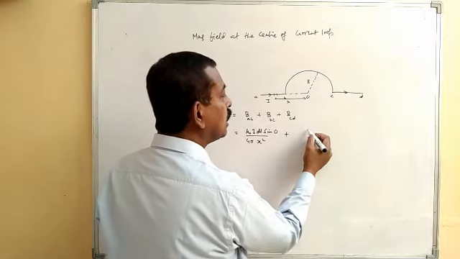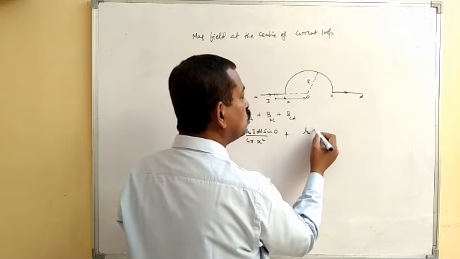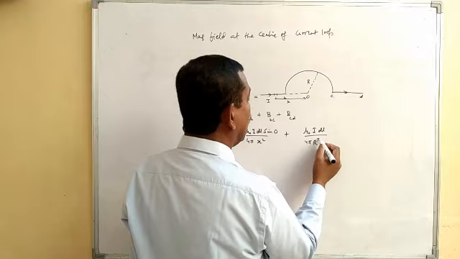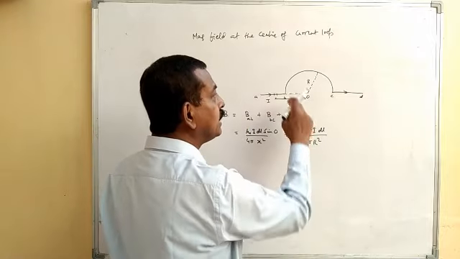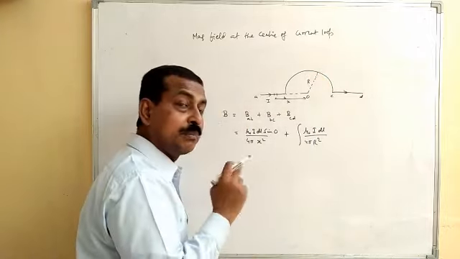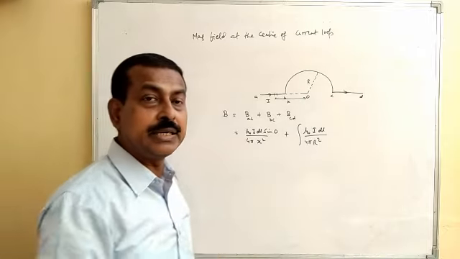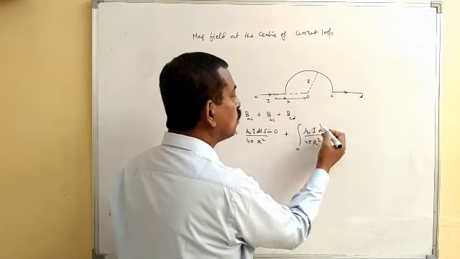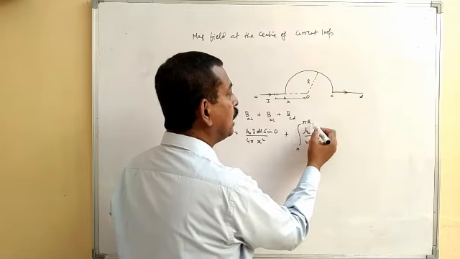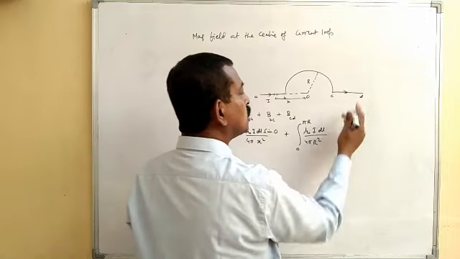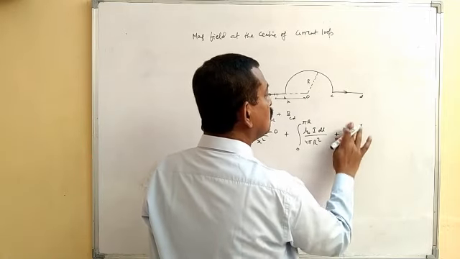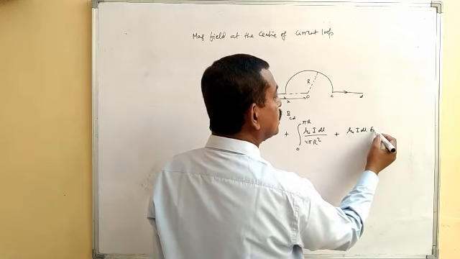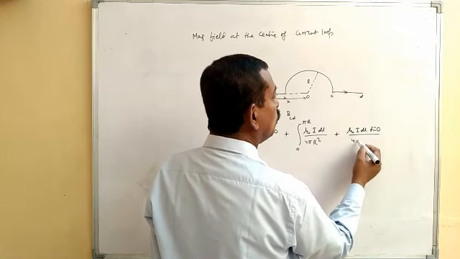Due to this semicircular portion, again let's take mu naught I dl by 4 pi r square, and now we'll integrate this one. As we have done in the previous case, we integrated over the entire loop. But this time it will be only for the semicircular portion, so it is pi r. And again for this part, B will be 0 because it is again mu naught I dl sine 0 divided by 4 pi.